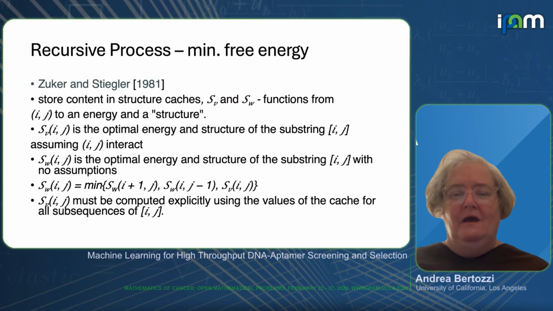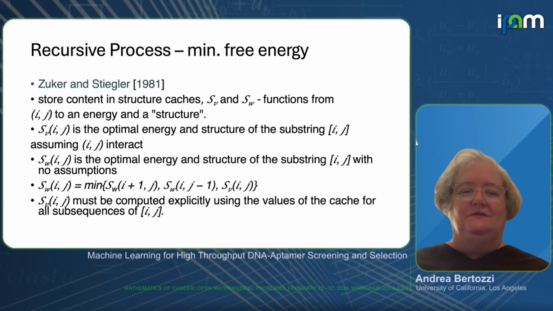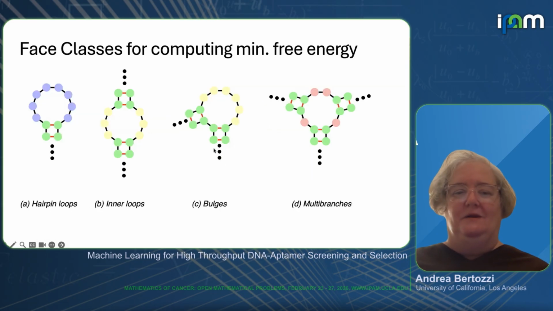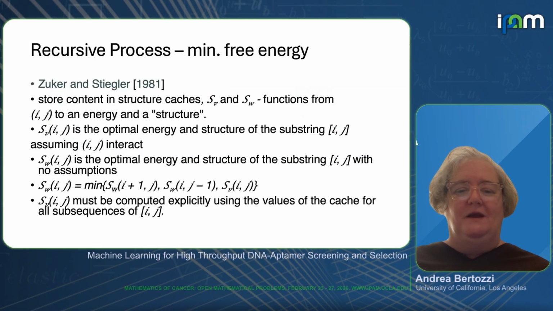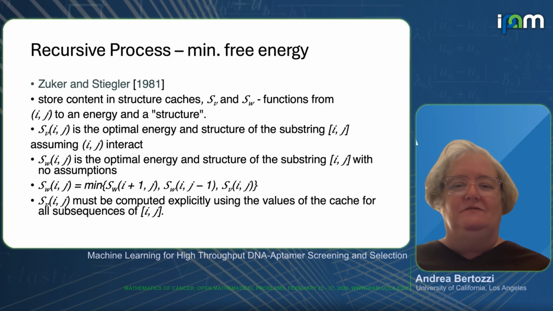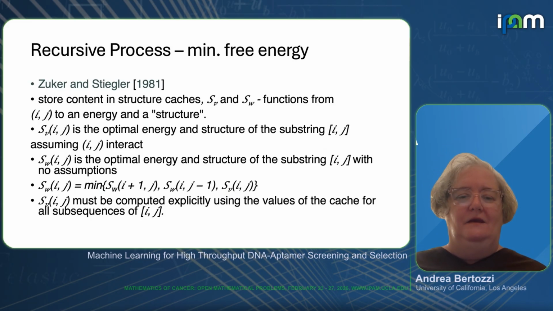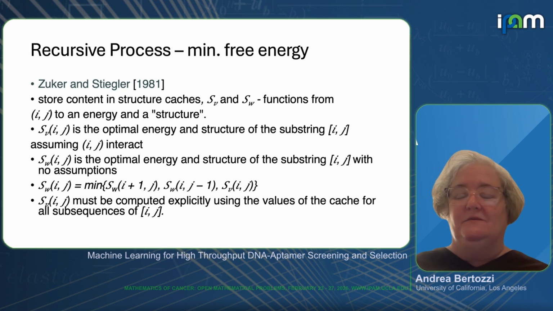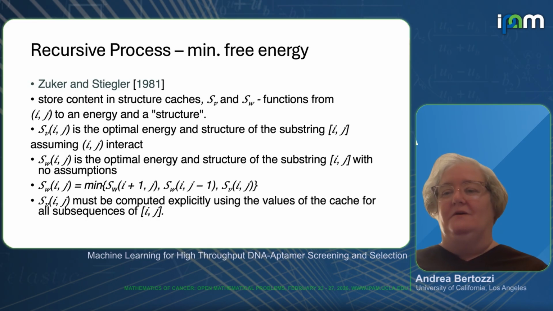Then you have a recursive process for minimizing the free energy, but we're already starting at a better place than some of the older algorithms because we're limiting our search to these possible combinations. Because of the time constraint, I'm not going to get too far into the weeds on the iterative process. I will say this: even though it seems like a fairly simple problem, there is some combinatorial complexity here, and you can leverage that if you know what you're doing.